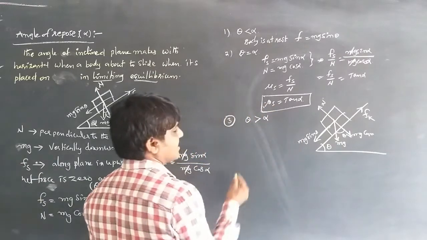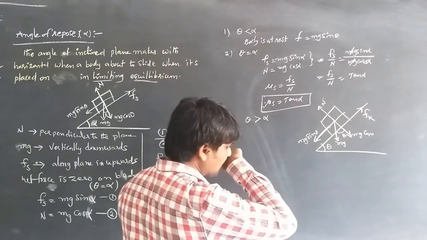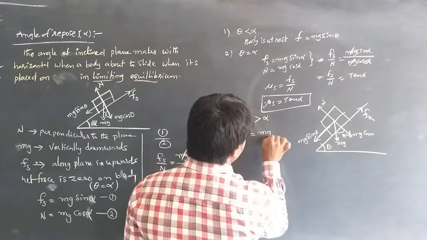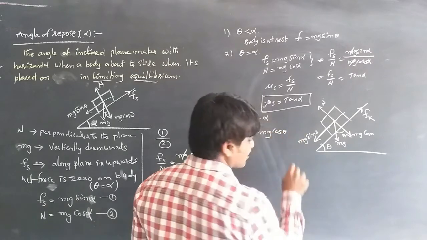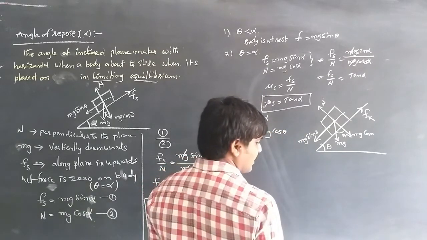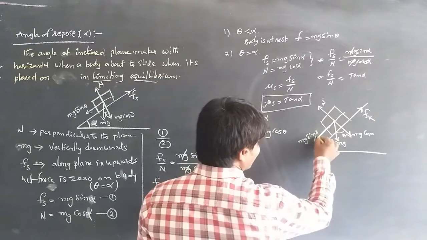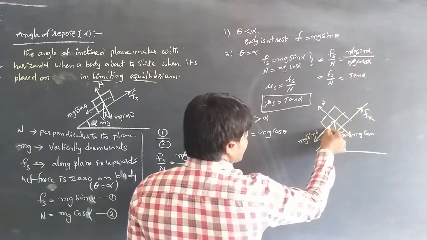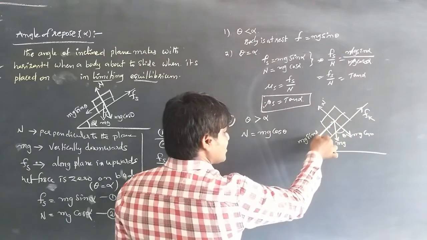So from the equation, N balances mg cos theta. The frictional force acts in this direction, mg sin theta is in this direction, and the body is also moving in this direction.